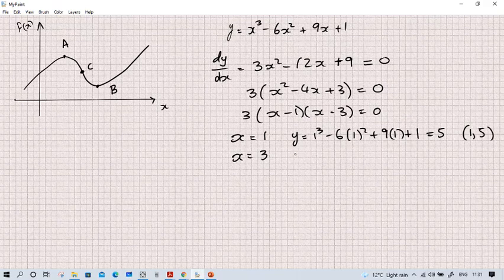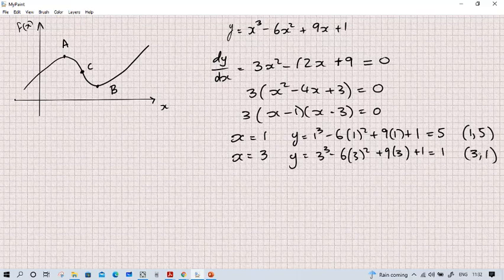We do the same with x equals 3. So y equals 3 cubed minus 6 times 3 squared plus 9 times 3 plus 1. So where x equals 3, the y value is 1, and the coordinates will be (3, 1).